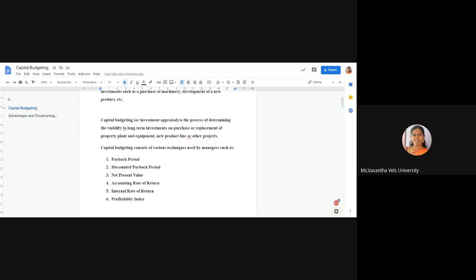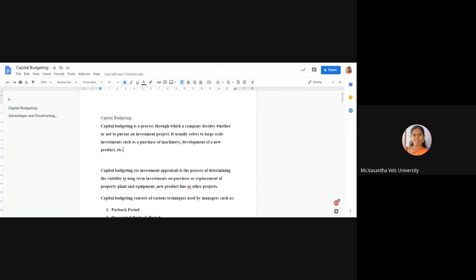Now we'll see what exactly capital budgeting is. Capital budgeting is a process through which a company decides whether to invest in a particular project or not. Again, I repeat, capital budgeting may also be called an investment appraisal. It is the process of determining the viability of long-term investment, whether we want to purchase a new asset or replace the asset which we already have, or whether we can go for a new product line.